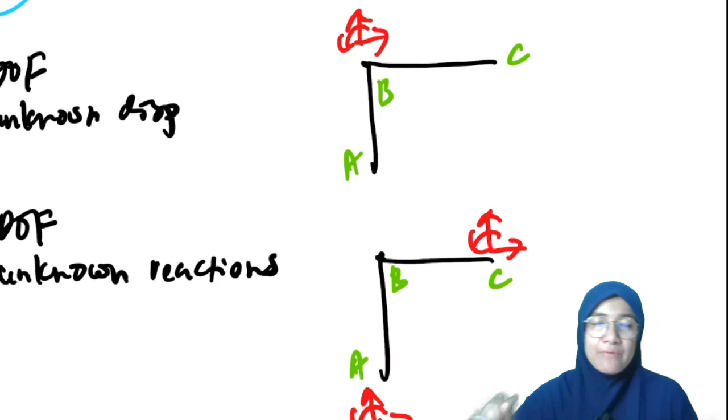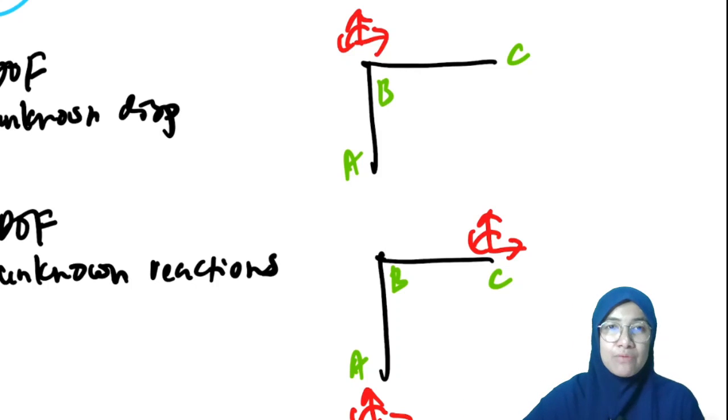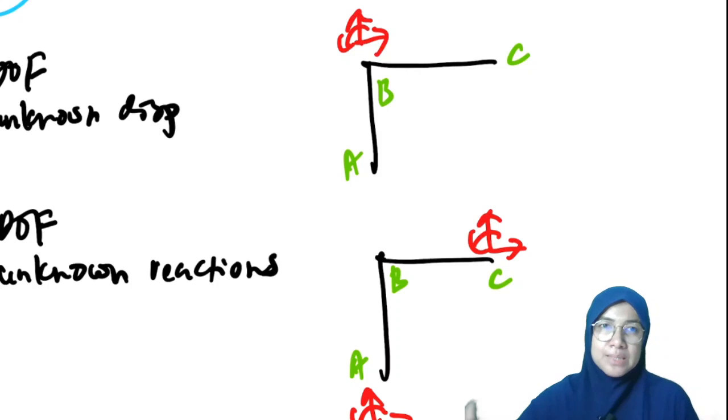Whenever we label the degrees of freedom, we need to label starting from unconstrained. This is the same as in truss analysis, beam analysis, and frame analysis. We need to identify the number of unknown reactions, because unknown reactions represent the constrained system.